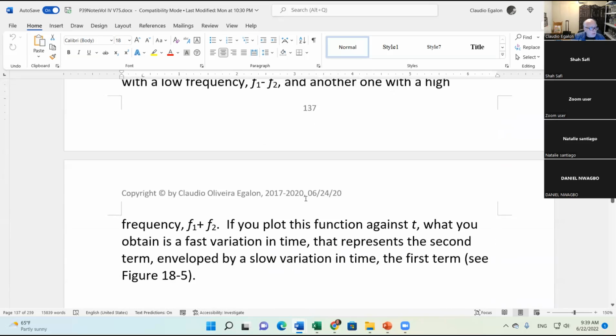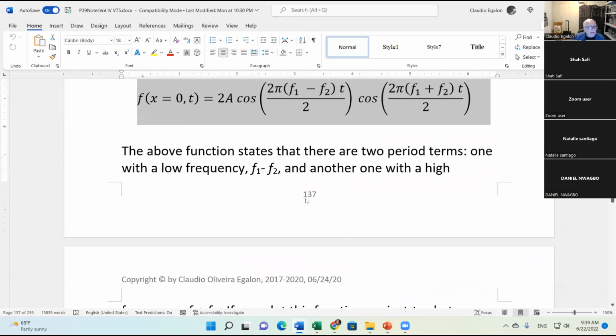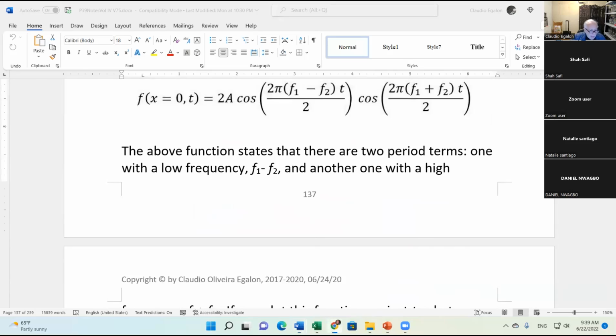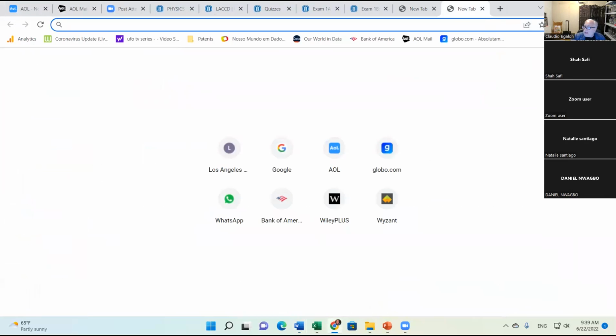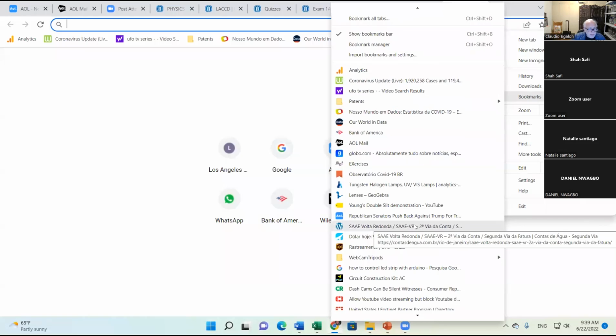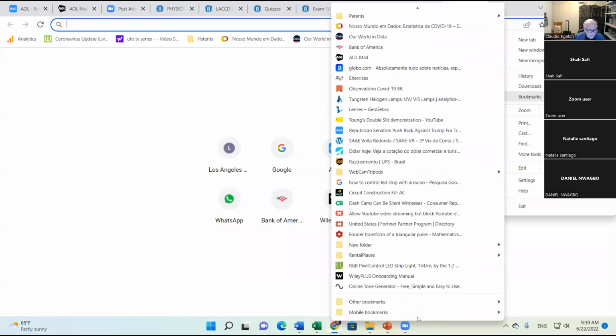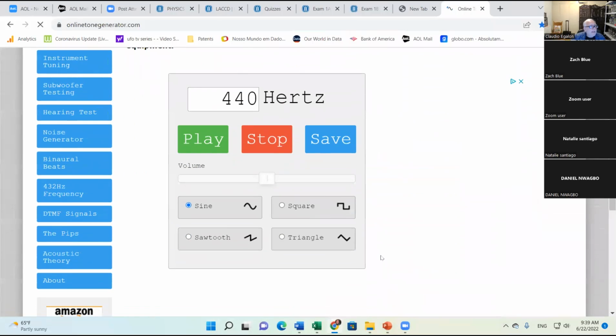And I can show you exactly how it looks. There is software out there. You have already been exposed to the software before, right? I showed that to you before, and I'm going to reuse it. It's the tone generator software. Remember that?